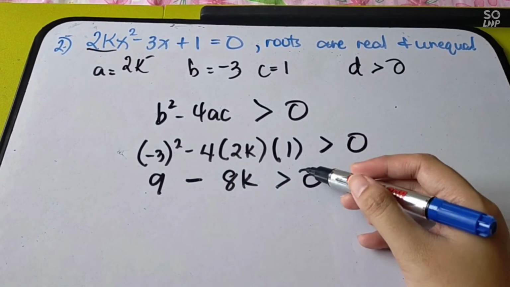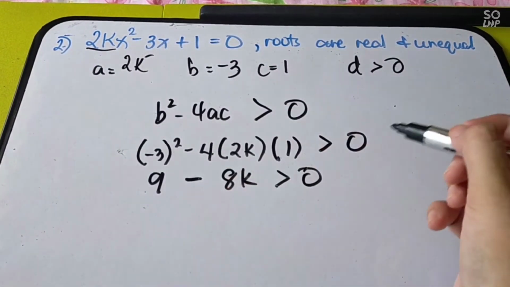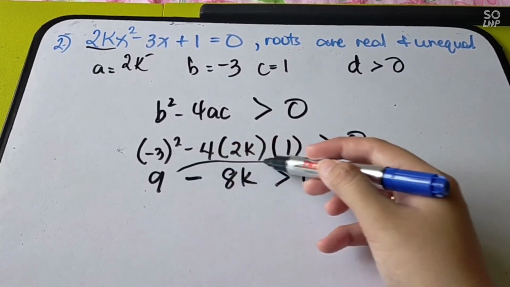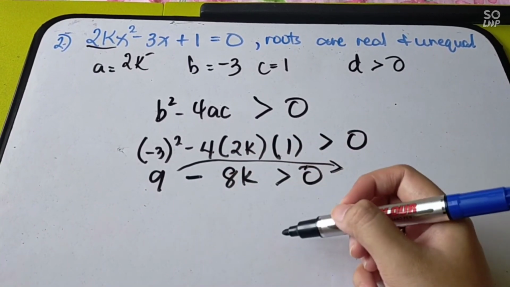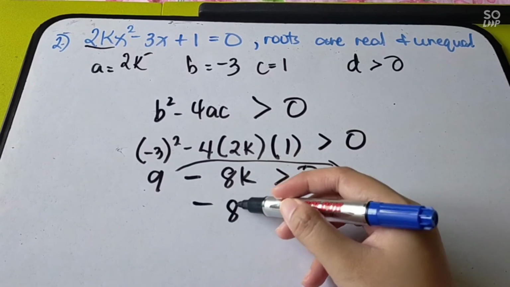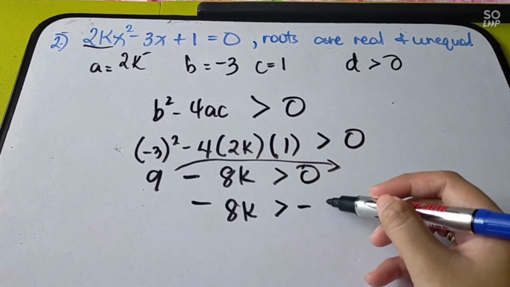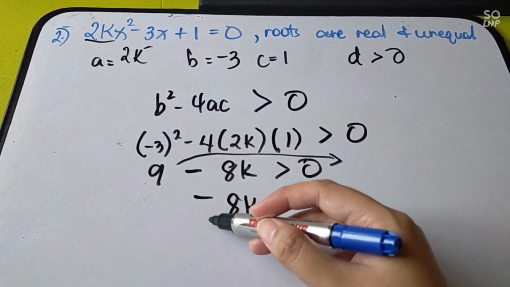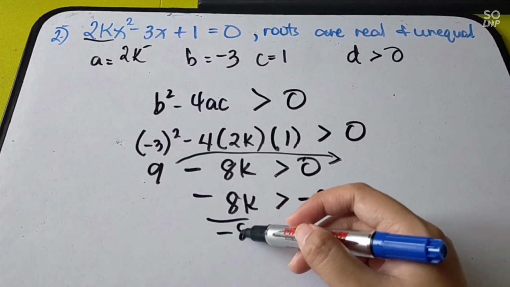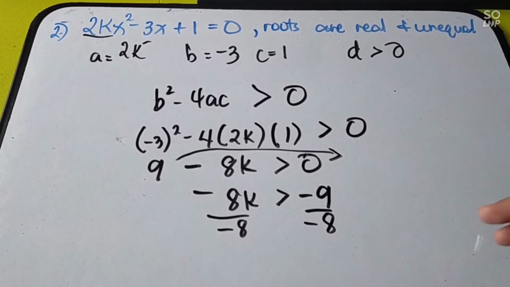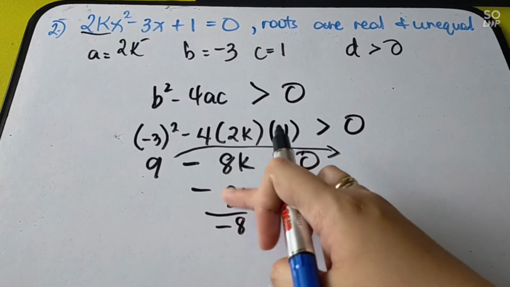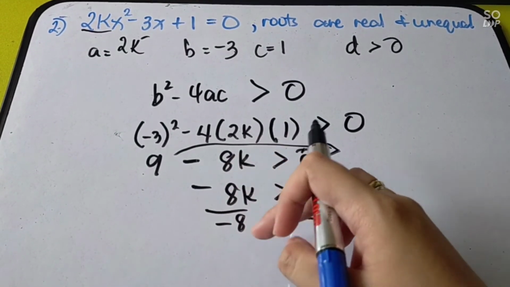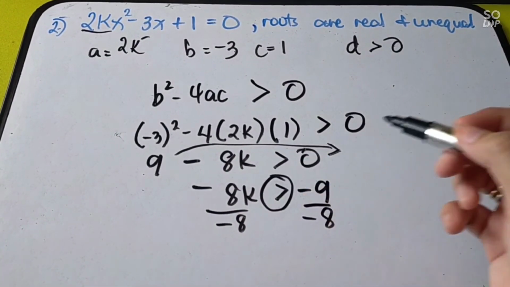So, for us to solve inequalities, para ka rin nagsusolve ng equation lang din, transpose mo to the other side yung constant term. Negative 8k is greater than negative 9. Afterwards, divide mo both sides by negative 8 by negative 8. Pag ikaw nagdi-divide ng negative numbers, okay, nag-change dapat ang inyong inequalities.